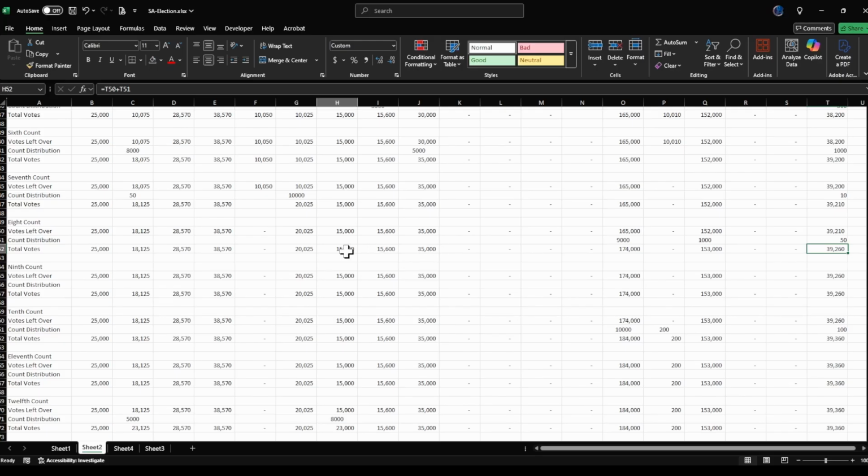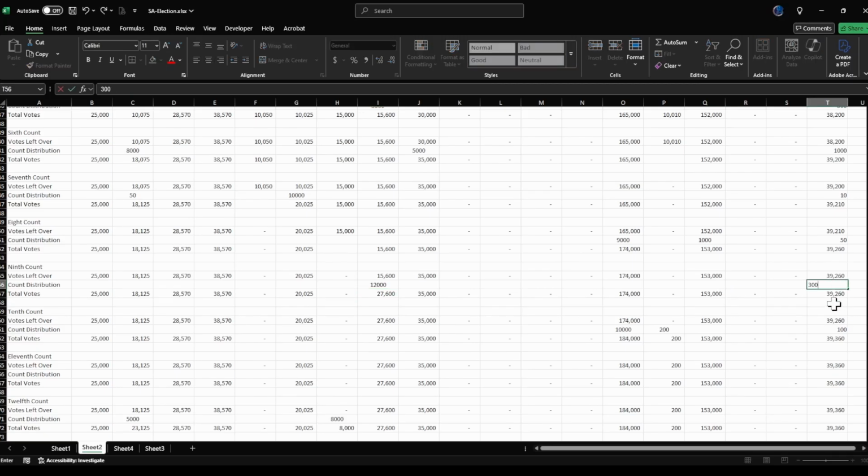So it looks like the 15,000 votes are the one that goes next. So we take that out and we add those votes around to relative places. Now, let's say that this party here gets a substantial amount of those votes. So let's say they get 12,000 of those votes, and let's say that 3,000 have expired.